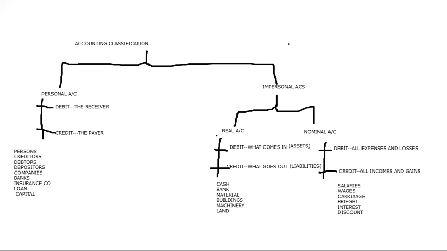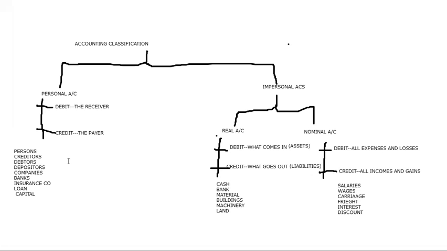So let's assume, for the first one, I said personal account, no? When I said personal account, debit the receiver and credit the giver, I said.